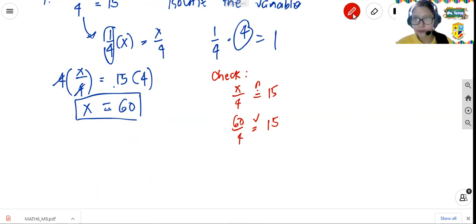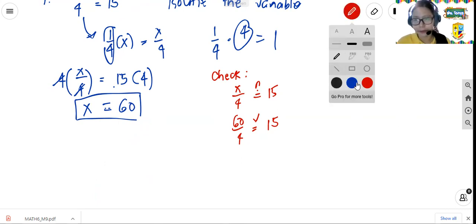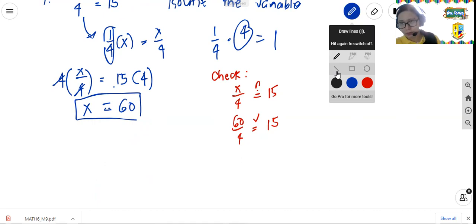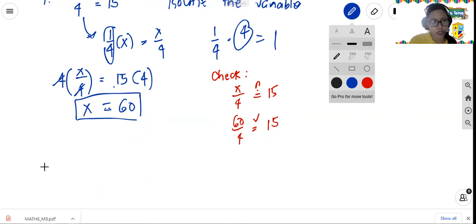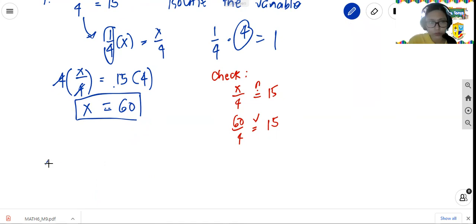Okay, so let's have one last example before we go to a certain technique that would eliminate some of the steps when we're solving, but still applies the properties of equality that we have just discussed. So let us try this last example, example number 5.